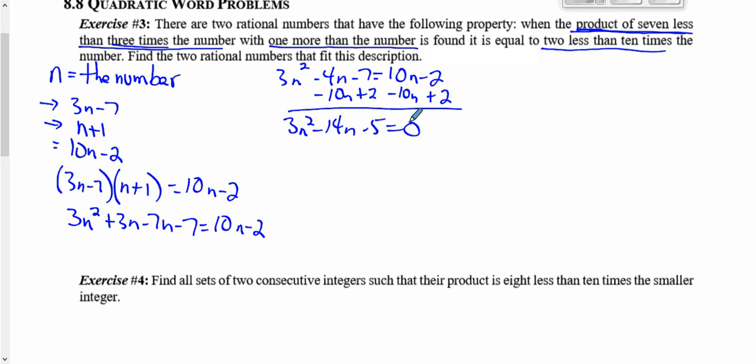Okay, A times C method. 3 times negative 5. So numbers have to multiply to negative 15 and also at the same time add to what? What numbers multiply to negative 15 and also add to negative 14? Negative 15 times 1. That's negative 15, right? What's negative 15 plus 1?